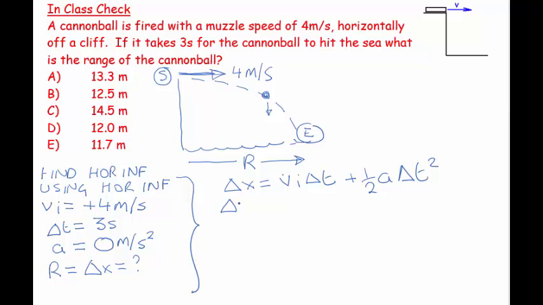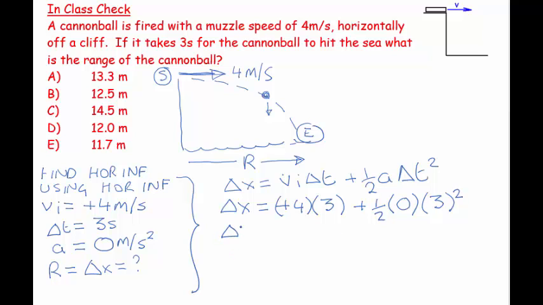And my horizontal displacement is equal to my initial velocity horizontally, which is +4, times my overall time, which is 3 seconds, plus 1/2 times my horizontal acceleration, which is 0, times my time squared, which is 3 squared.